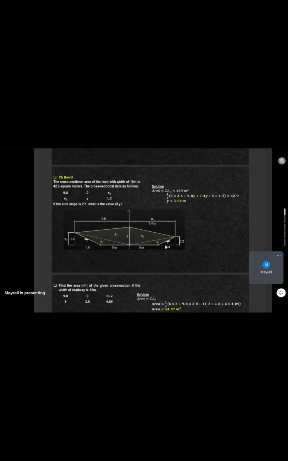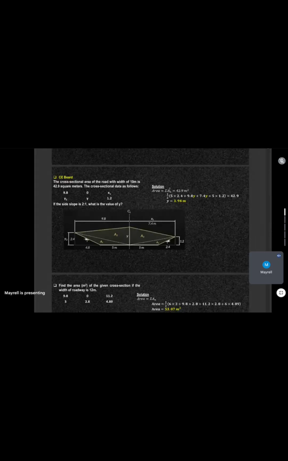So you can solve for this distance with that 2 is to 1 ratio. So this is 2.4. You can just add 5 plus 2.4. So the distance of x1 is 7.4 meters.